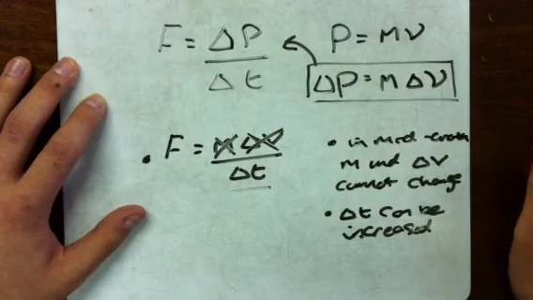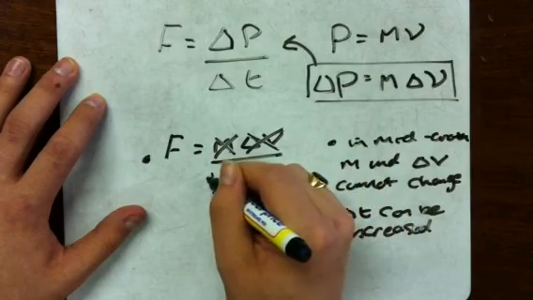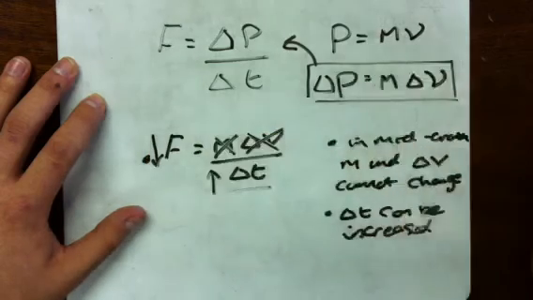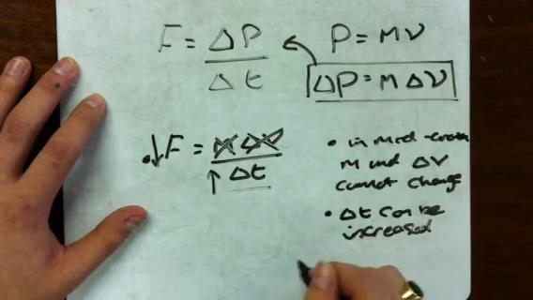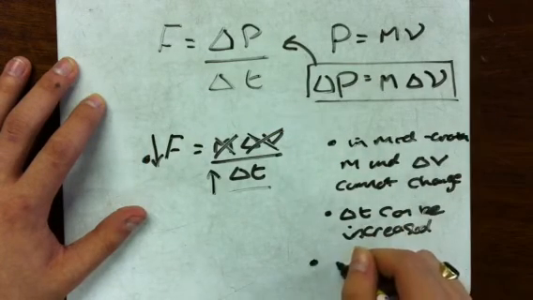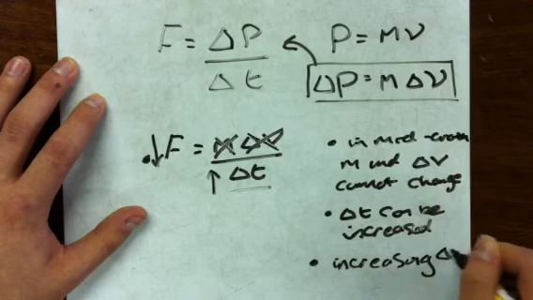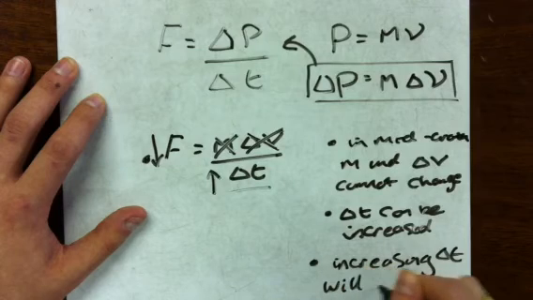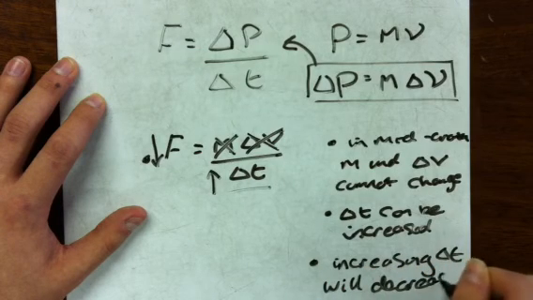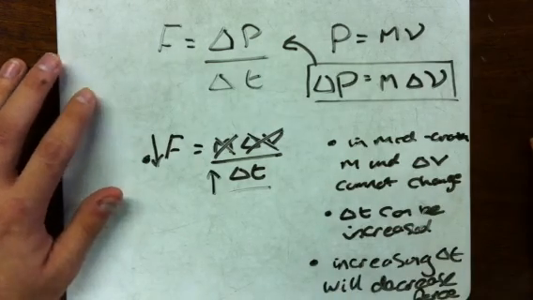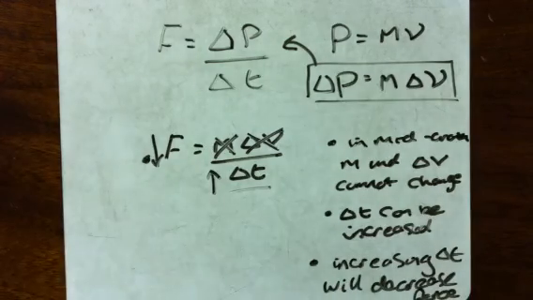Well, if we think about it, if we increase a denominator, we decrease the value of the number itself. So the fourth mark is the relation that increasing delta T will decrease force. And then the fifth mark is just relating that back to the original problem, that a reduction in force would therefore reduce the injury. And that's really about it.